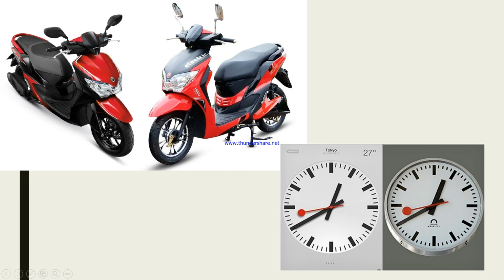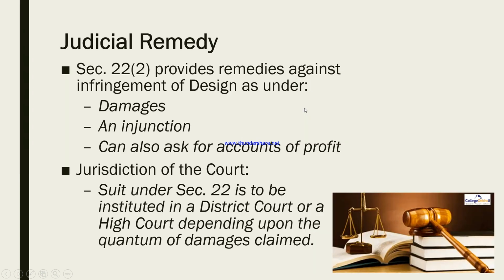This is the Honda bike and the electric Hero. They have a similar kind of design here. So Honda has filed a case against Hero for copying its products. Again, you can see here the wall clock has a similar design. Okay, right. So those were the examples of violation of design.